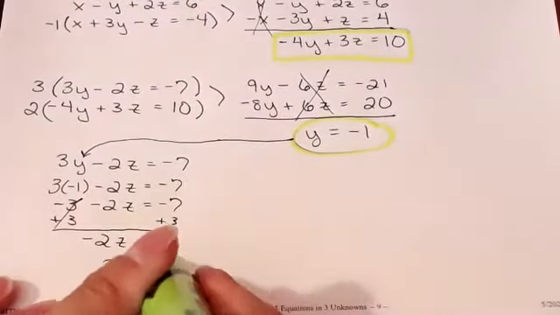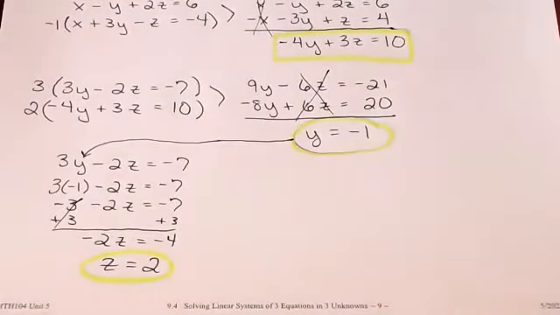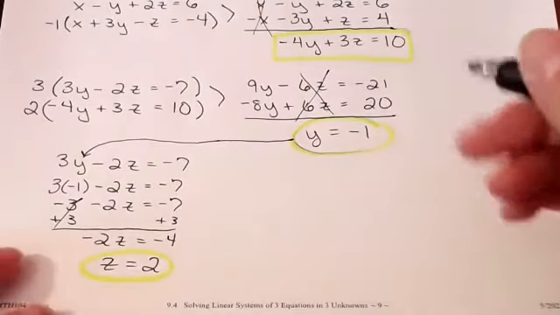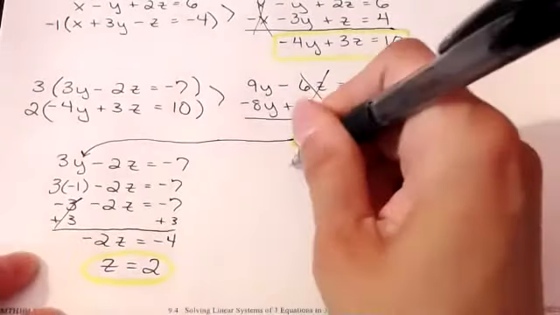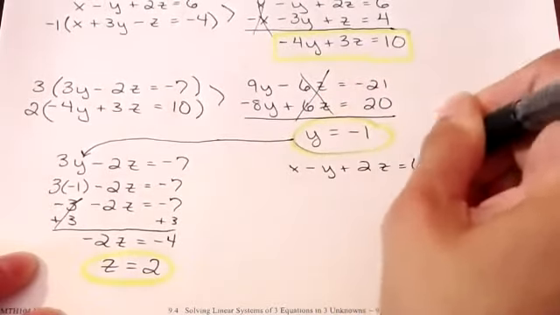And here's my second answer. So now I have 2 solutions. I know y and I know z, which means at this point, I'm going to want to plug back into one of our original equations that has 3 unknowns so that I can find the missing variable. So I'm going to pick my first equation, which is x minus y plus 2z is equal to 6.